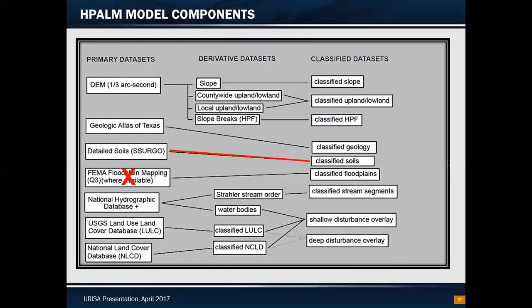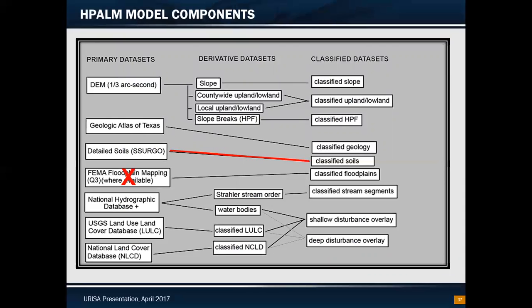Here's what it looks like in terms of the primary data sets that are used. The DEM is used to produce several different layers. The Geologic Atlas of Texas, which had become available in digital form. The SSURGO data. We started out using FEMA floodplain mapping, but I abandoned that because it's just not as widely available.